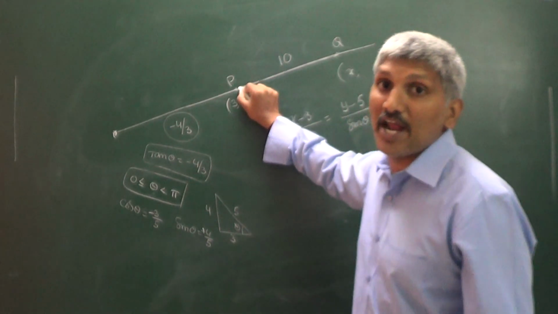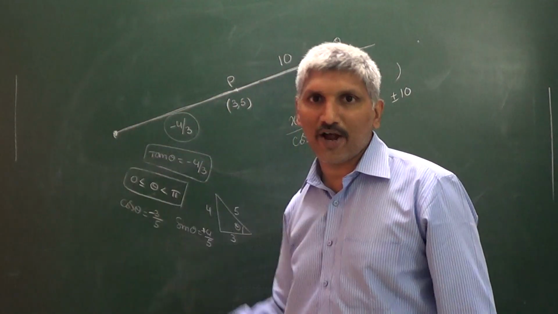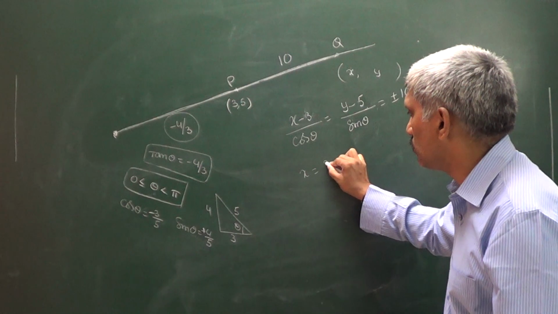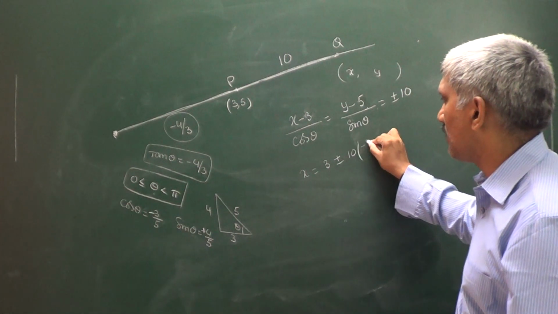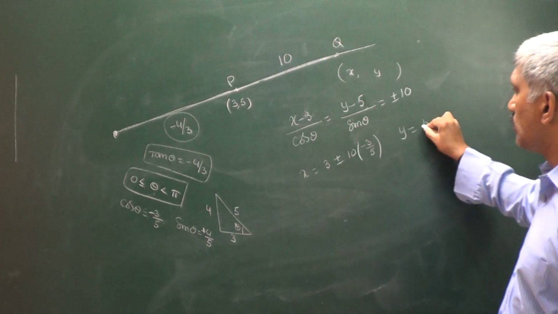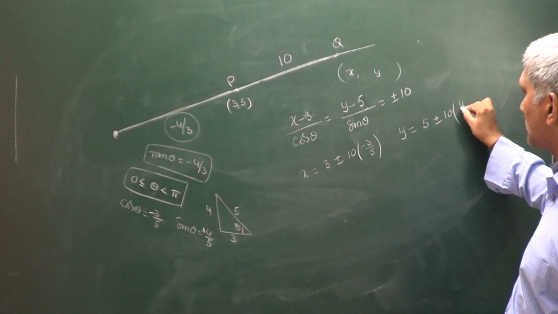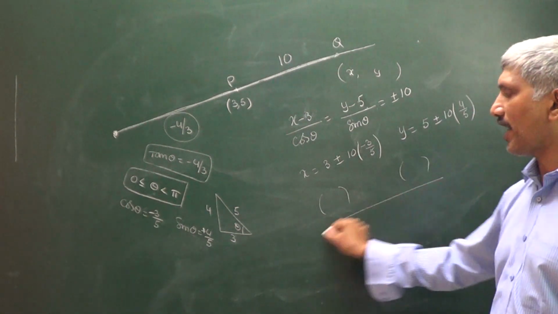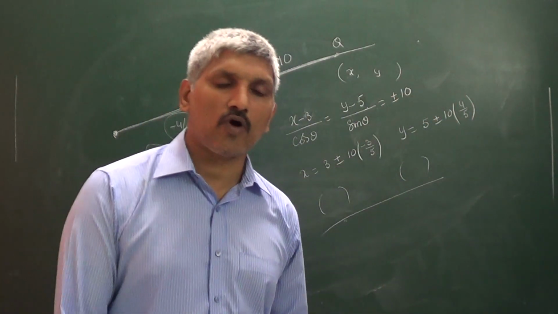From this point at a distance of 10 units, one point is possible this side, another point possible this side. That's why we can write now x is equal to 3 plus or minus 10 into cos theta value, which is minus 3 by 5. Next, y is equal to 5 plus or minus 10 into sin theta value, which is 4 by 5. So from here you will get the two points. That is the way of finding the coordinates of the point Q.